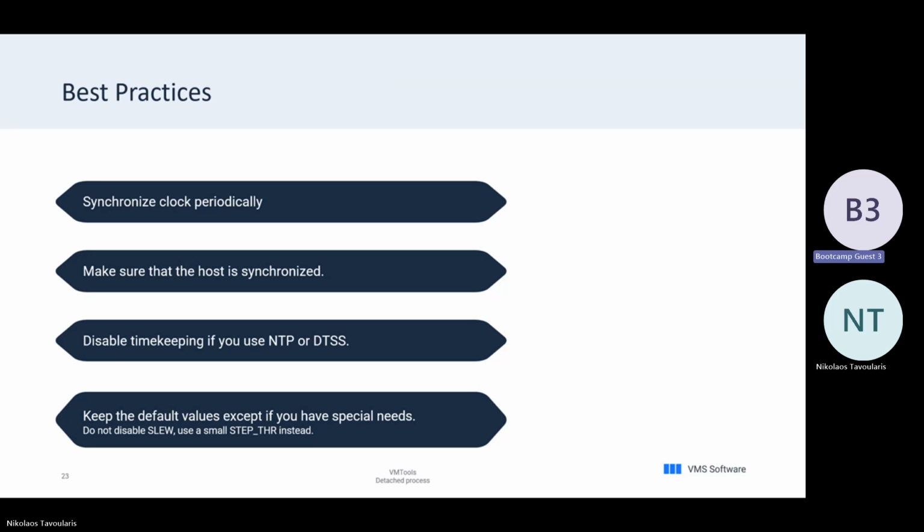And also, you don't have to edit the parameters except if you have some special needs for your application, or your system has some special needs, or if your virtual machine and the host need it.